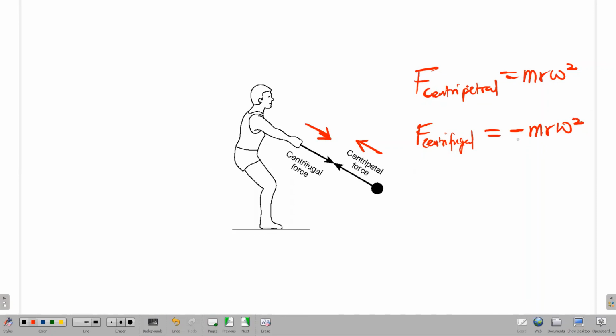So if the centripetal force is a certain positive value, then the centrifugal force will be the negative of the centripetal. It's just a change in direction, but in all cases, they have the same magnitude.